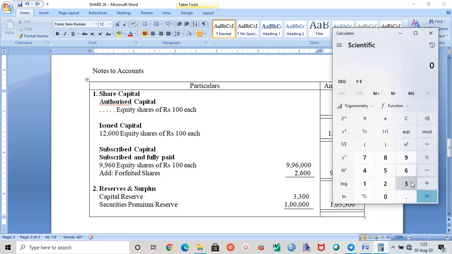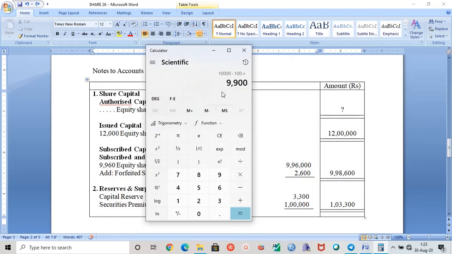Anyway, we had 10,000 shares, out of which 100 shares were forfeited, and the number became 9,900. Again I'm repeating, we had received the application for 10,000 shares, out of which 100 shares were forfeited.